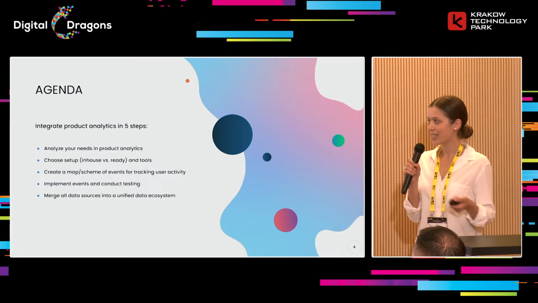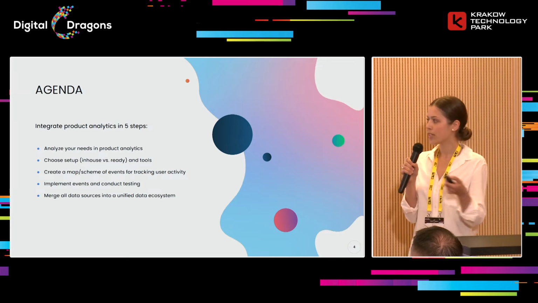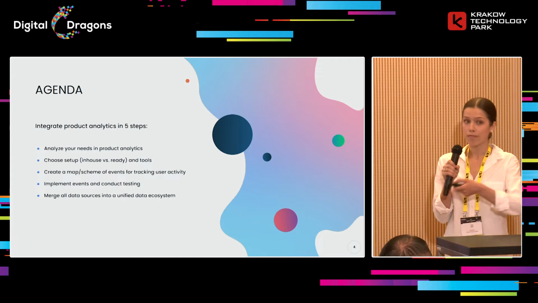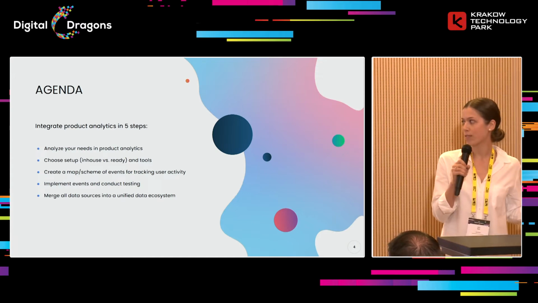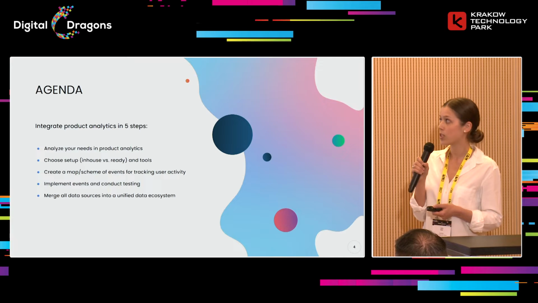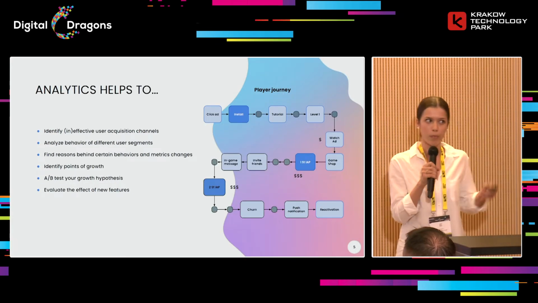Then, of course, implementing these events and conducting testing. And finally, merging all these data sources in a unified data ecosystem, which is a critical step for getting a complete picture of your user data and making correct data-driven decisions. So we will go through all these steps one by one.